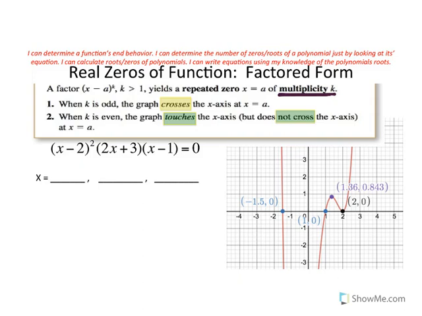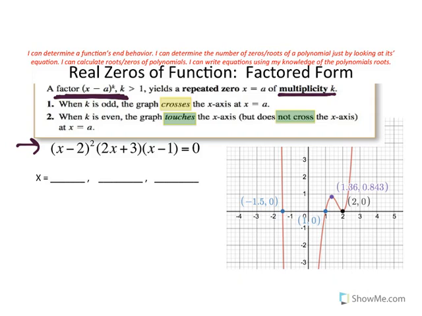Okay, so you'll notice up here first, when a function is in factored form, I can figure out very quickly what the solutions are. So right down here, this example: x minus 2 squared times 2x plus 3 times x minus 1 equals 0.